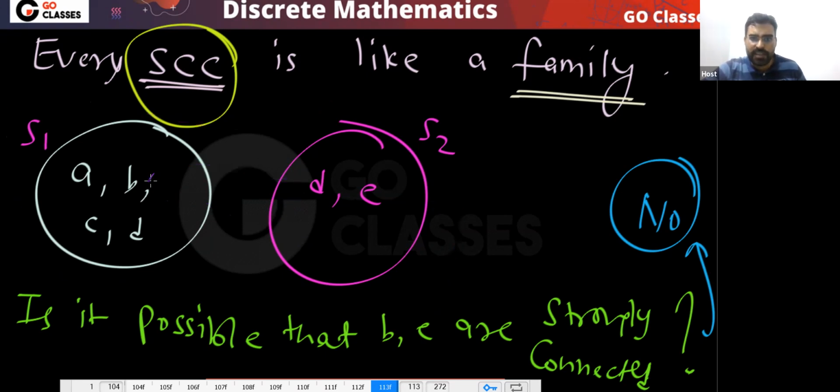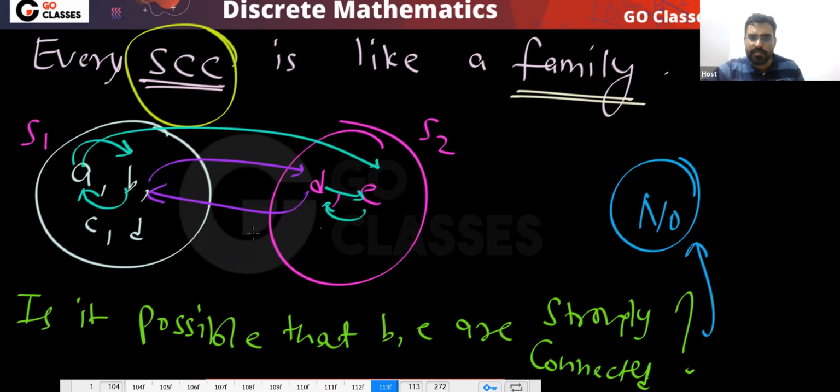If they are strongly connected, then automatically everything will be strongly connected, so everyone will become strongly connected. Then they will merge.